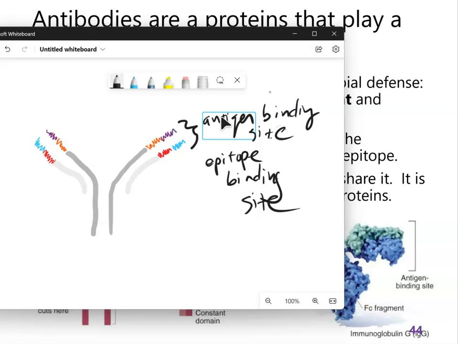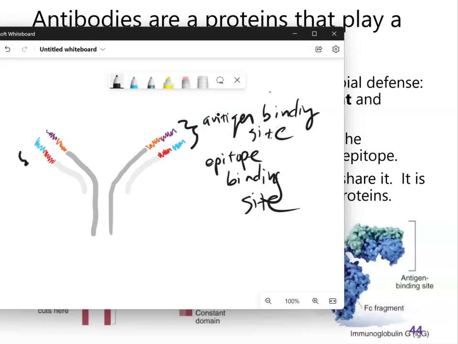But either way, those are different. Antigens are different from epitopes. Epitopes are the small fragment of an antigen that actually gets recognized by the receptors. But you could see this either way. So let's keep labeling.